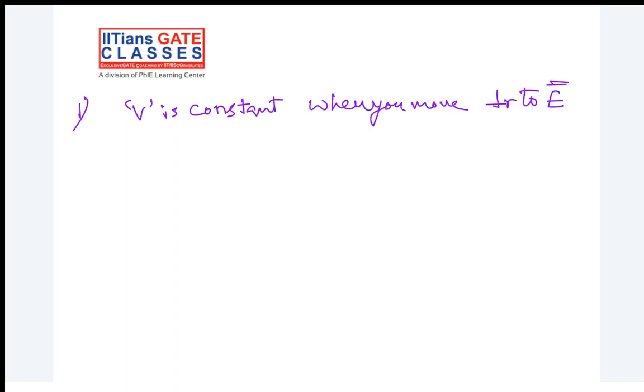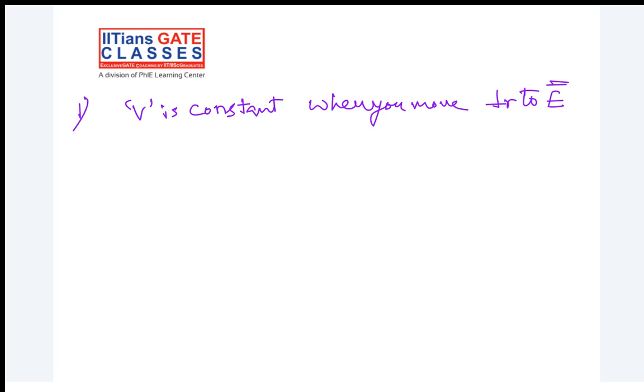Somebody is asking me to repeat. So the first point is, when you move perpendicular to E, right, the potential remains constant. When you move perpendicular, irrespective of the position, you will not get any change in the potential.